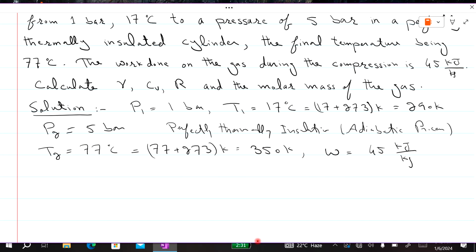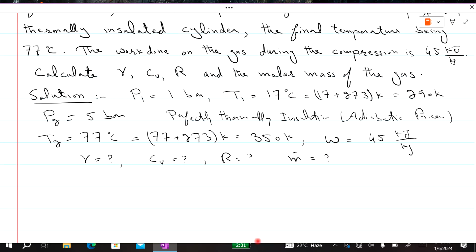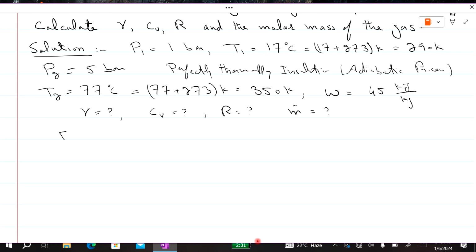Calculate gamma, CV, R and the molar mass. First we find gamma. From the adiabatic process, T1 divided by T2 is equal to P1 divided by P2 to the power gamma minus 1 divided by gamma.